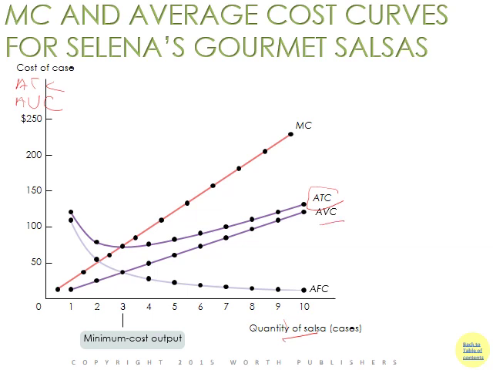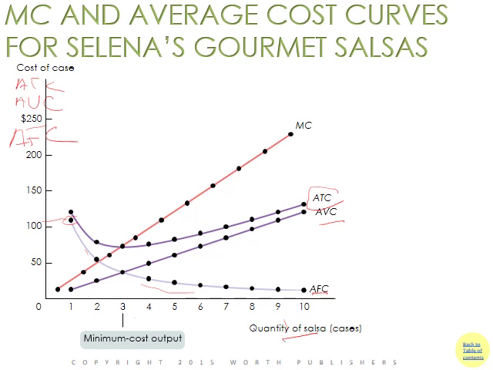Okay, then we can graph average fixed cost on the same graph. So on the vertical axis, we have average fixed cost. The horizontal axis is always quantity or output. So if we graph those points, we can see average fixed cost starts out relatively high at 108, and when we expand output, average fixed cost decreases and decreases and decreases, because we're spreading our fixed cost out over additional output.